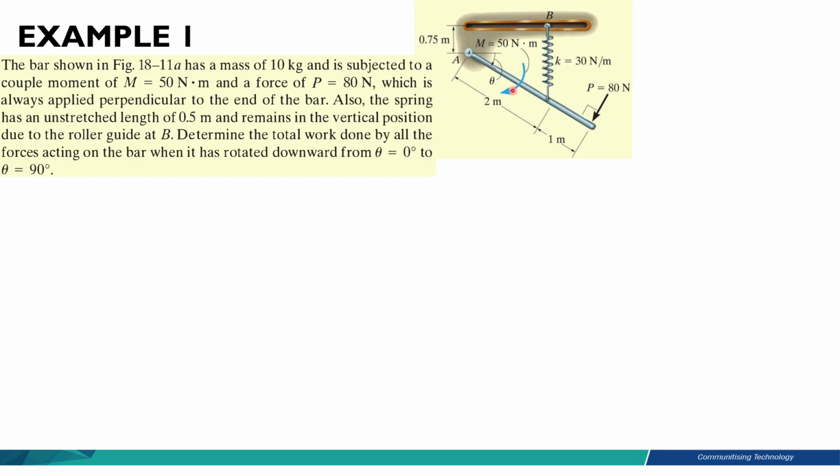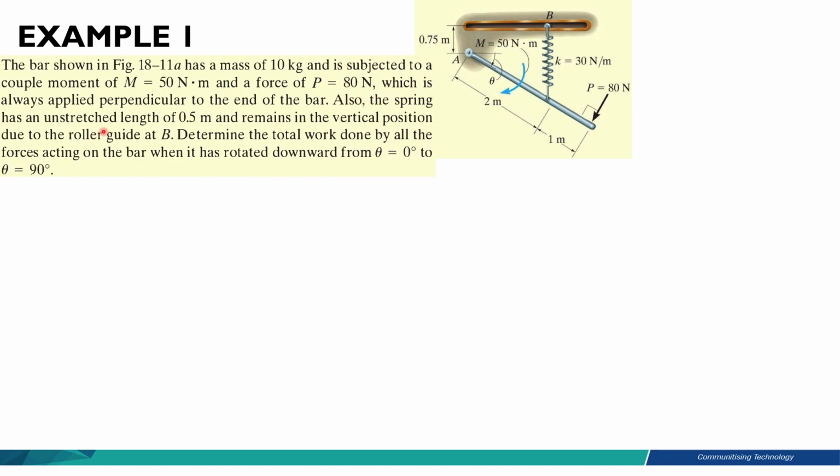So there is a couple moment here. This blue couple moment has a value of 50 Newton meter, and a force P of 80 Newton at the end, which is always applied perpendicular to the end of the bar. So the force here is always 90 degrees to the bar.